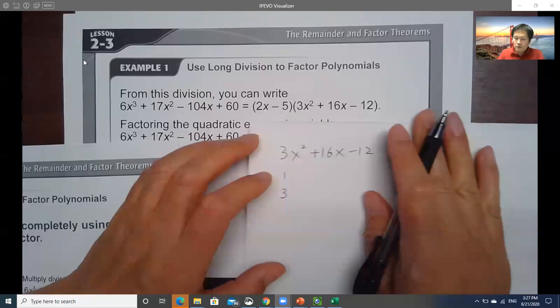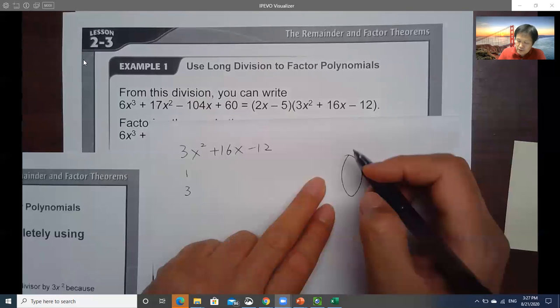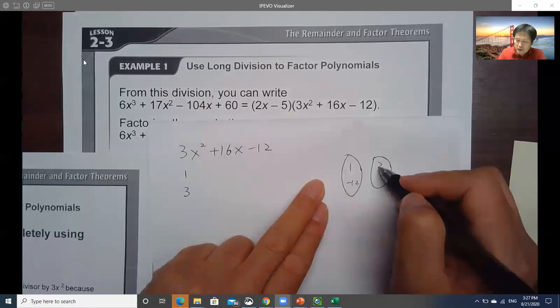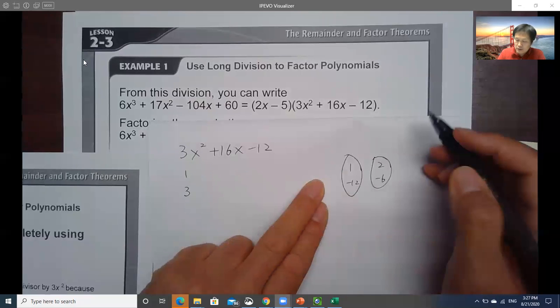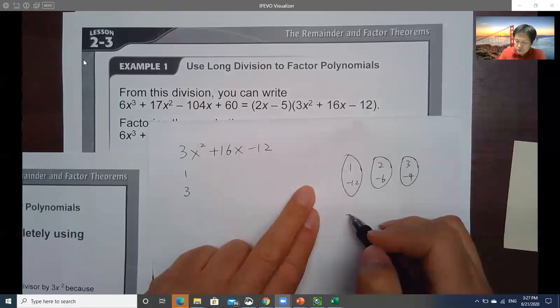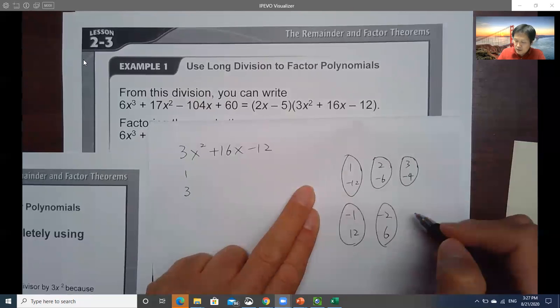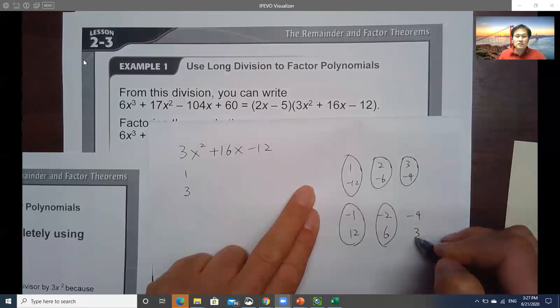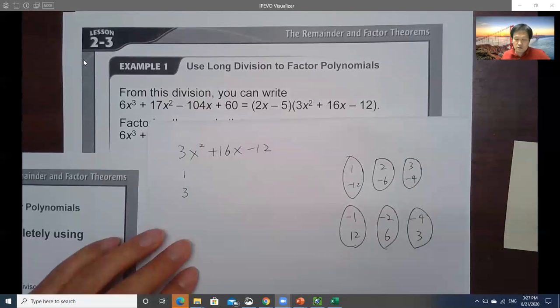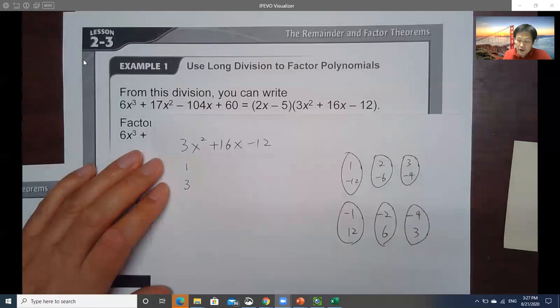Okay, minus 12 has a number of factors. 1 times minus 12, 2 times minus 6, 3 times minus 4. Then you've got minus 1 times 12, minus 2 times 6, minus 4 times 3. So we've got 6 different combinations. Which one is going to work? Well, you don't know until you keep trying.